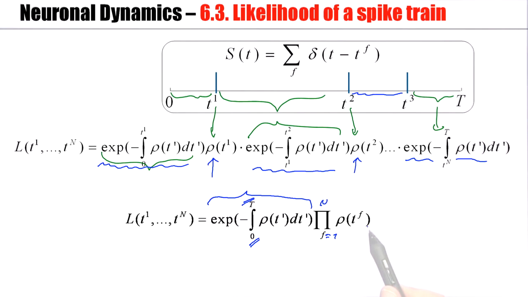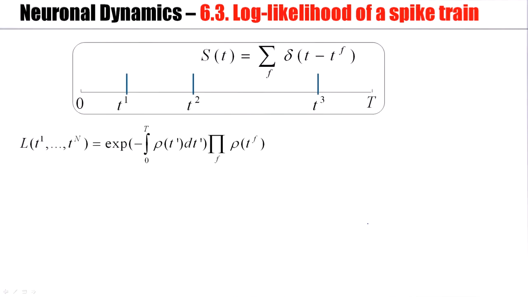For the moments of firing, for n spikes, f equal 1 to n, I have n instantaneous firing rates. Now sometimes the likelihood is not written in this form, but it's transformed to a log likelihood. So if I take the logarithm of this likelihood L, well, the logarithm of the exponential is just the term in the argument of the exponential. Then I have a product. The logarithm of a product gives a sum.